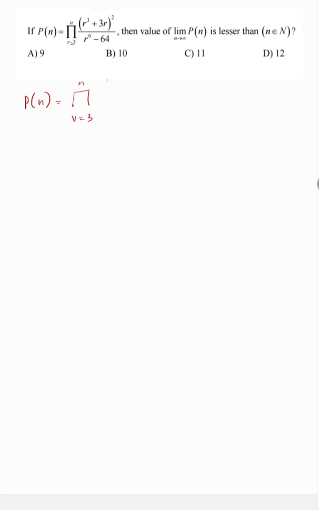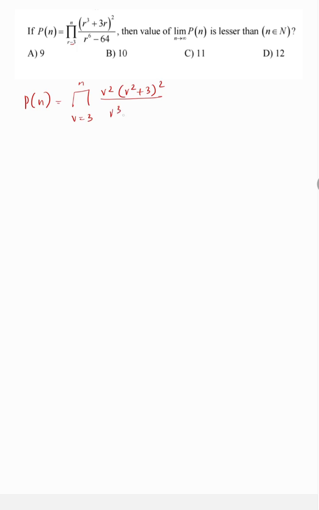So let me take r common, so it will be r square into (r square plus 3) whole square, divided by the denominator, which is r power 6 minus 64. So r power 6 minus 64 I can write in the a plus b into a minus b form, that is a square minus b square.